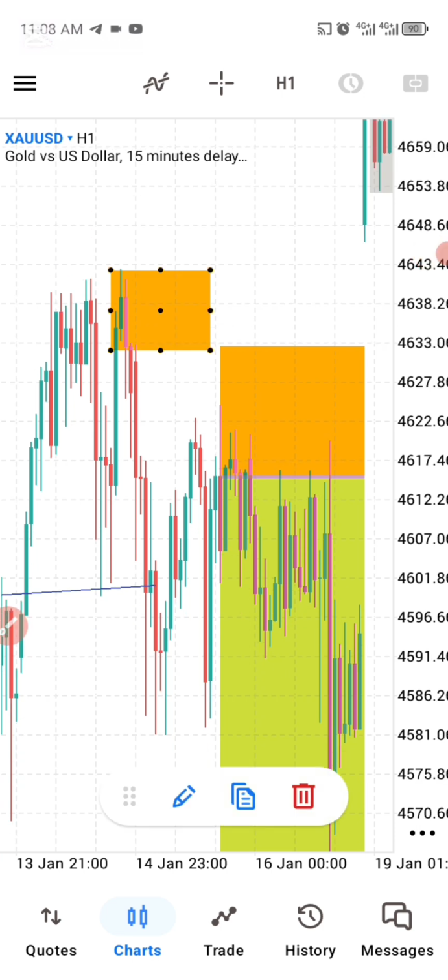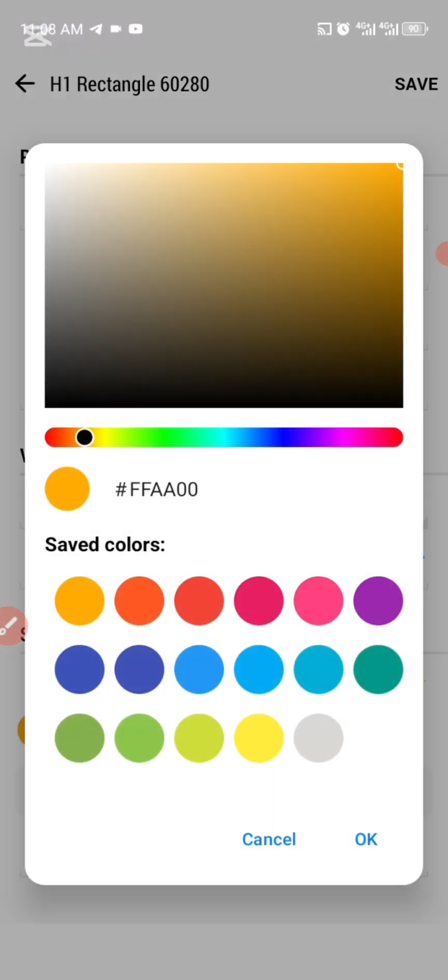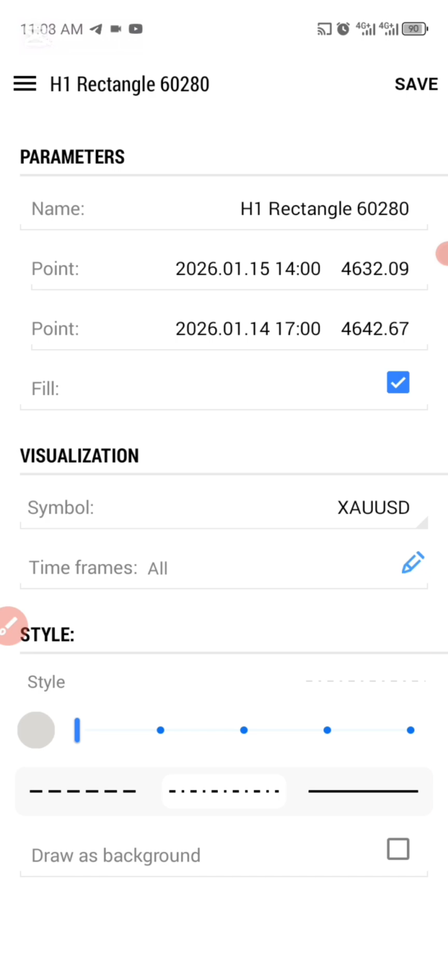Okay, and I was waiting for price to do what? To pull back to this zone. But price pull back to this extent, okay, and come down again.